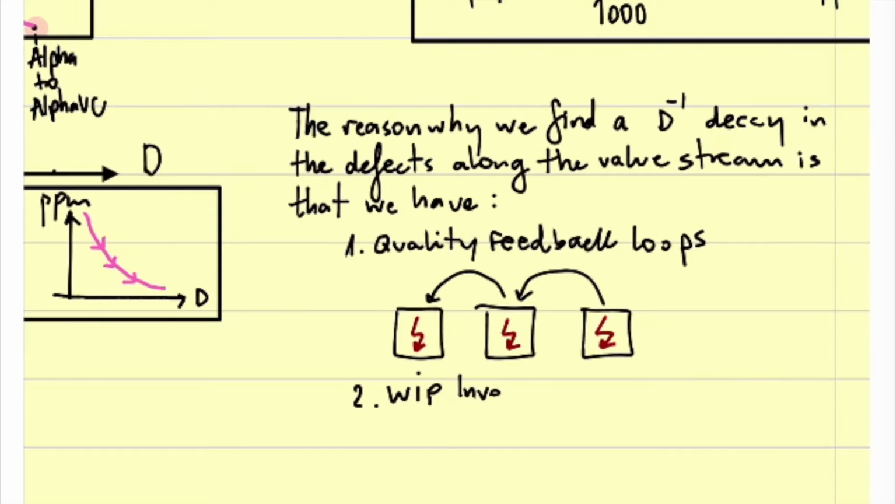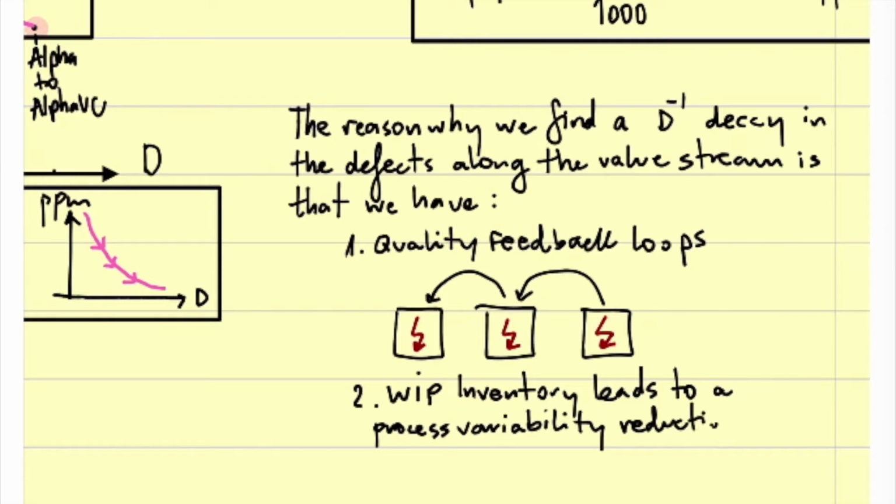Because work in progress inventory leads to a process variability reduction when implemented in pull. What pull means, you should know by now.